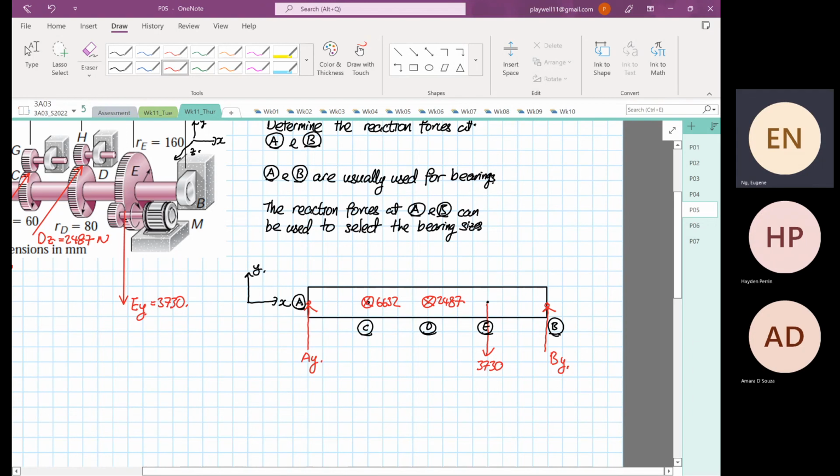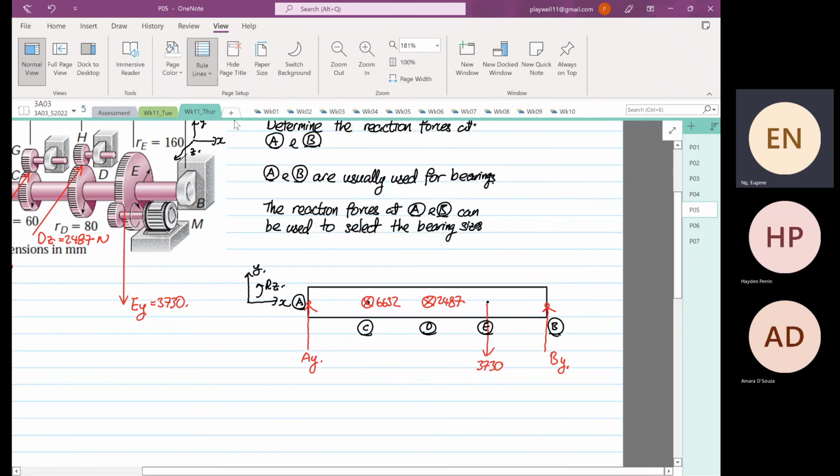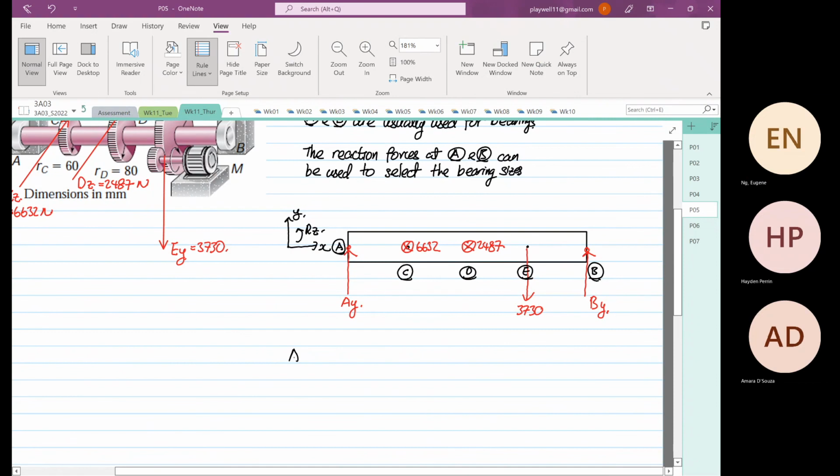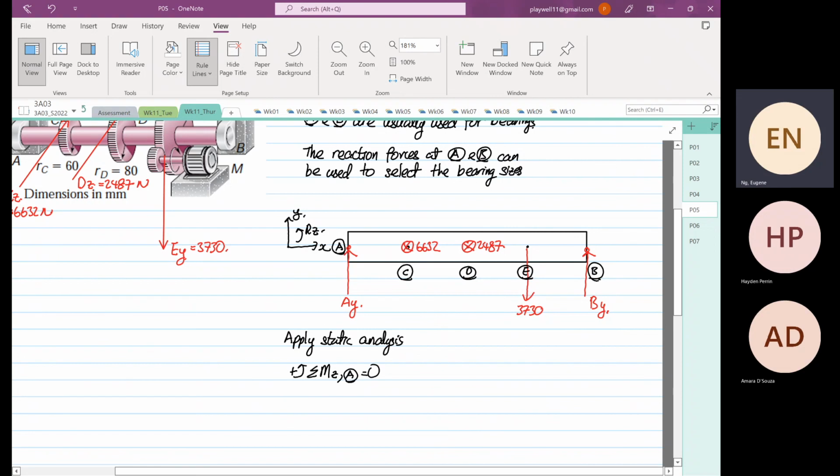So from here, we can use static analysis, with rotation about Z. Applying static analysis, we know that the sum of moments about the z-axis at point A is equal to 0.